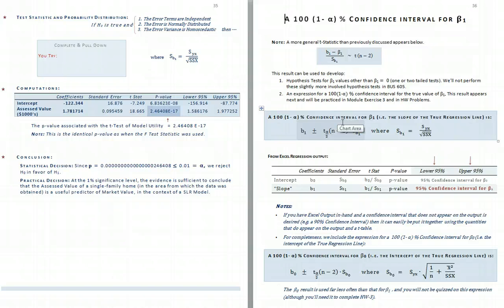For example, if the data involve 30 observations and we wish to compute a 90% confidence interval, then the value of T alpha over 2, n minus 2, would be T 0.05 with 28 degrees of freedom. A t-table appears in these notes in 2 pages.